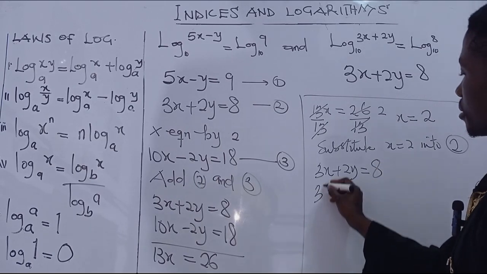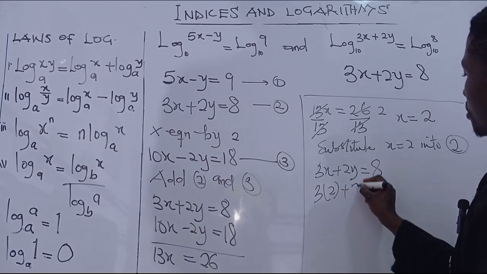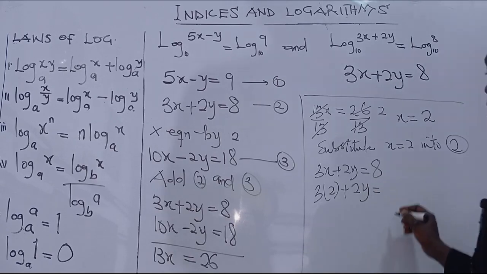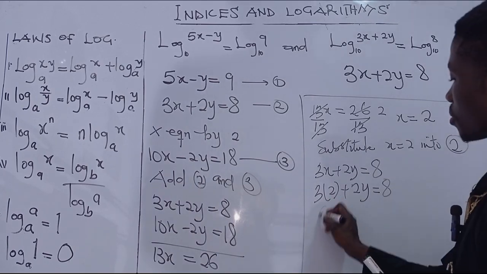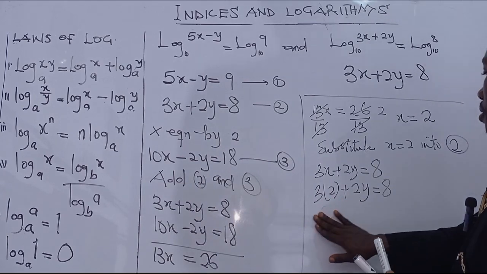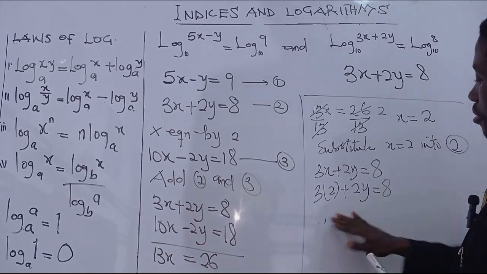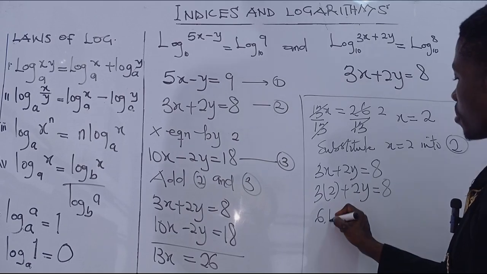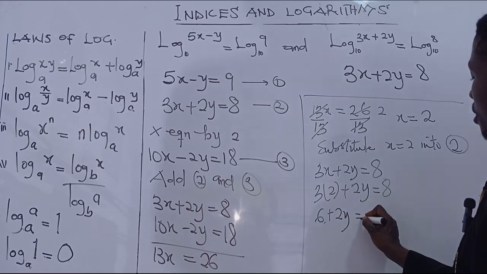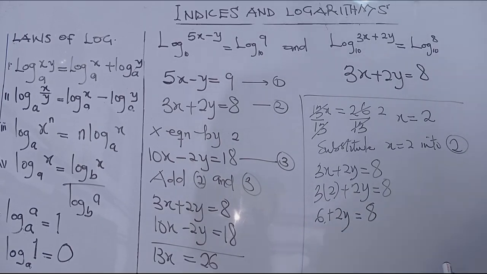So we have 3 times 2, which gives us 6, and then plus 2y is equal to 8.